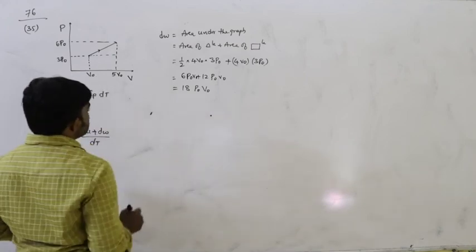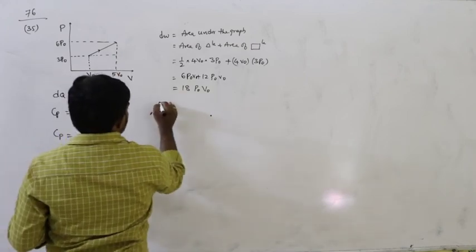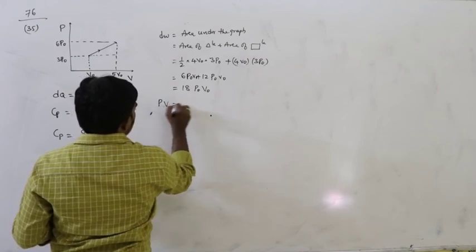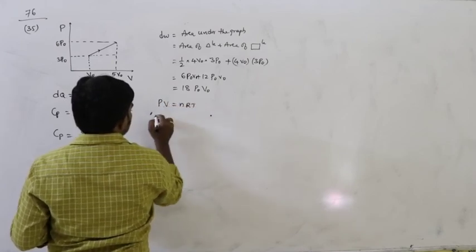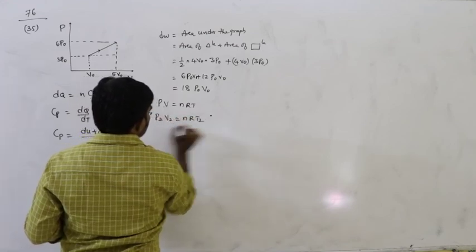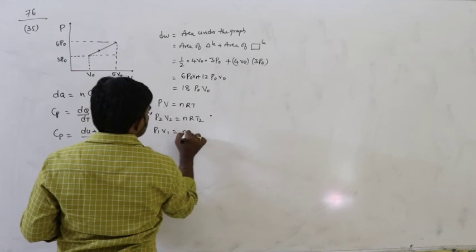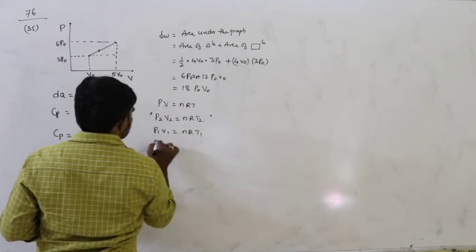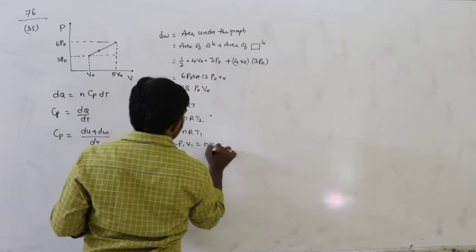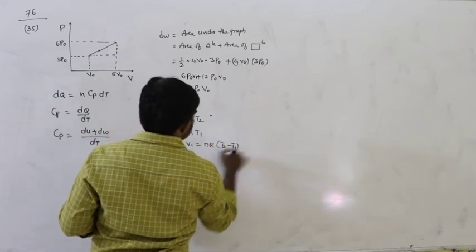Then dT, the change in temperature. PV is equal to nRT. So P2 V2 is equal to nRT2, and P1 V1 is equal to nRT1. So P2 V2 minus P1 V1 is equal to nR into T2 minus T1.